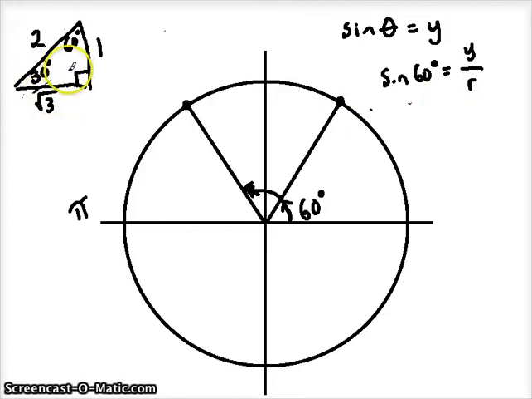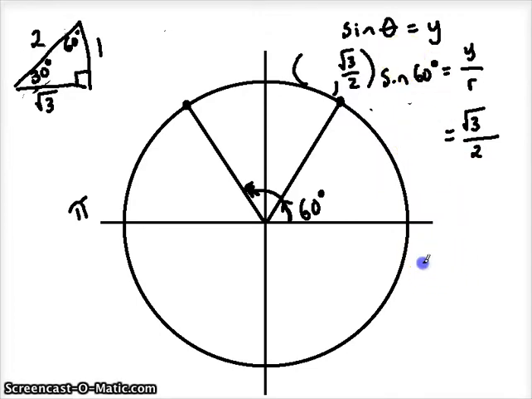And so if we look at this triangle, across from the 60 would be the square root of 3. So that would be the y in that case. And the hypotenuse, or r, would be 2. And so the sine of 60 degrees gives us a y coordinate of the square root of 3 over 2. So in our coordinate pair, we have the square root of 3 over 2 as the y coordinate.